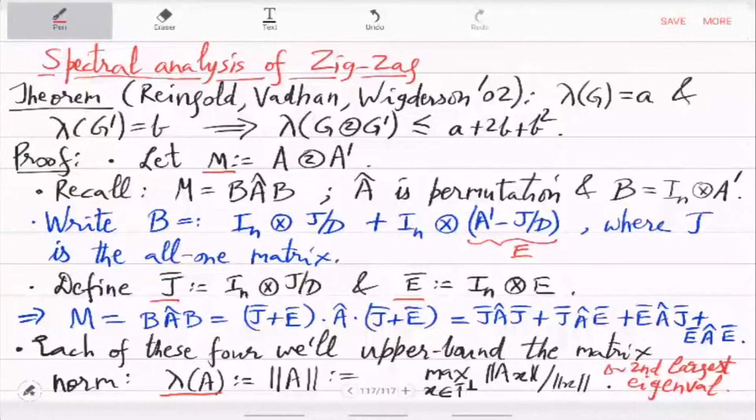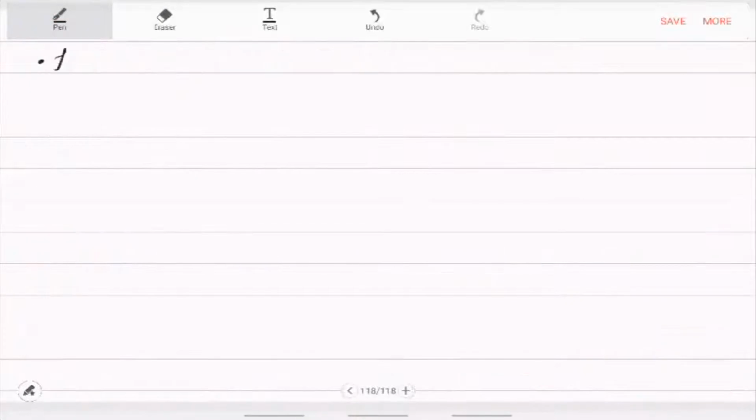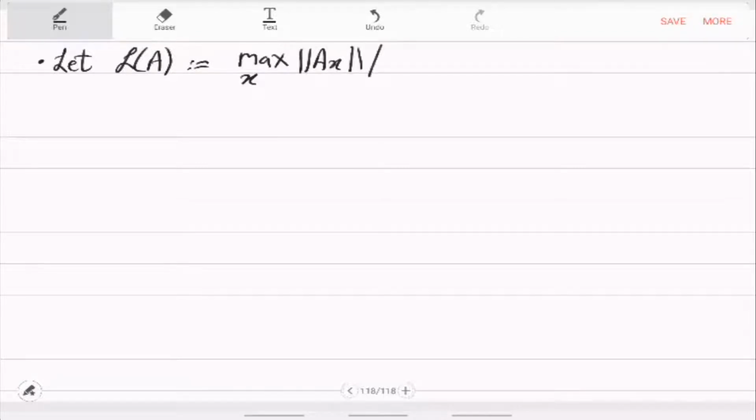Let L of A be the max over all X. So the shrinkage of unit vectors by A over all the vectors.